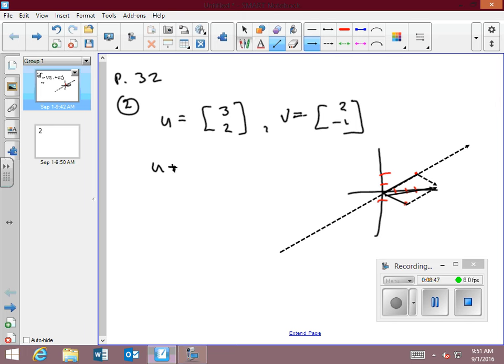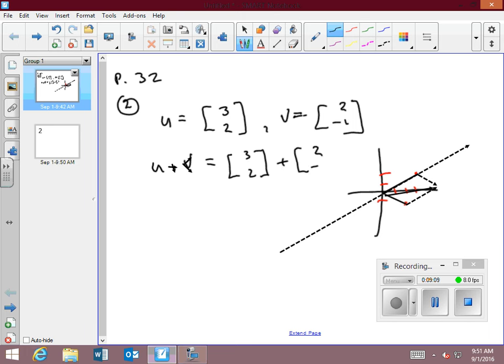So u plus v. Let me get this. It's going to be 3, 2 plus 2, minus 1. And you just add the 3 and 2 is 5.